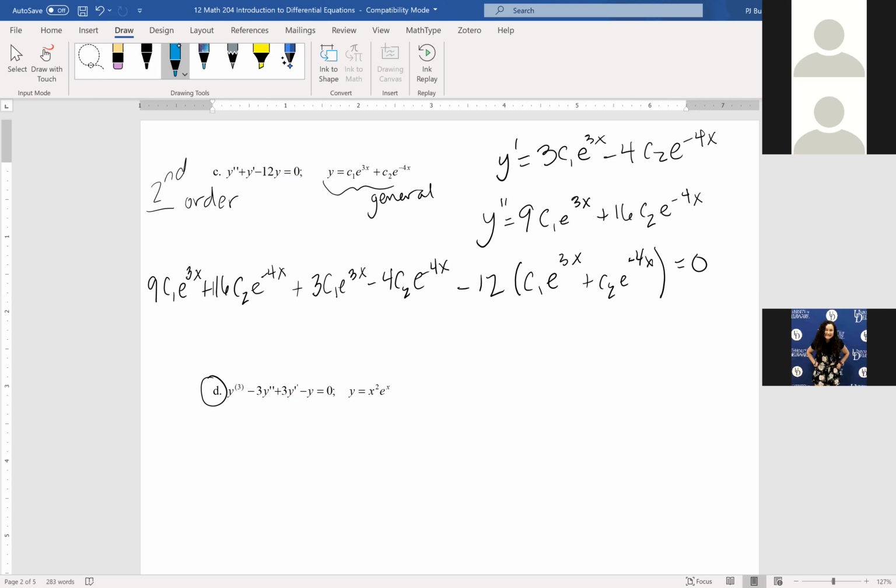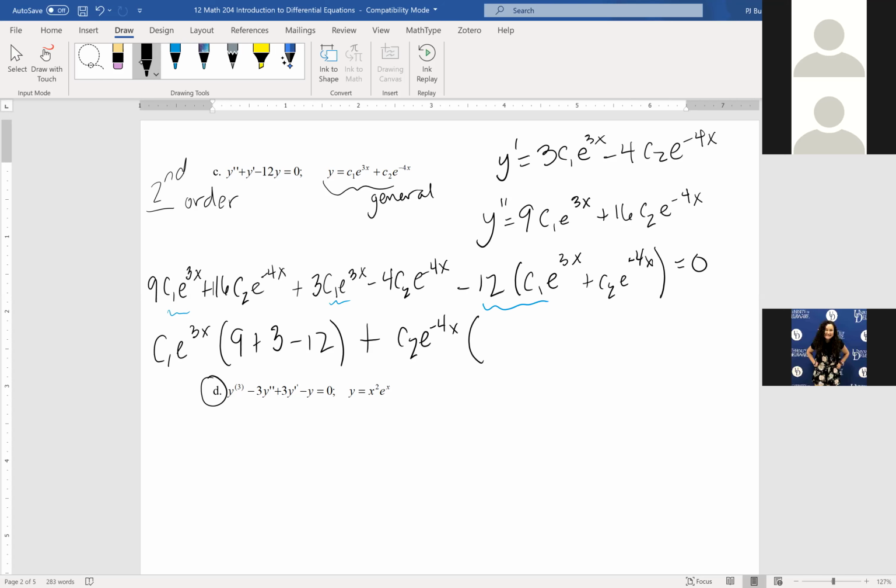So if we look, we've got c1 e to the 3x, c1 e to the 3x, and c1 e to the 3x. So we have 9 plus 3 minus 12. And then we also have a c2 e to the minus 4x term.